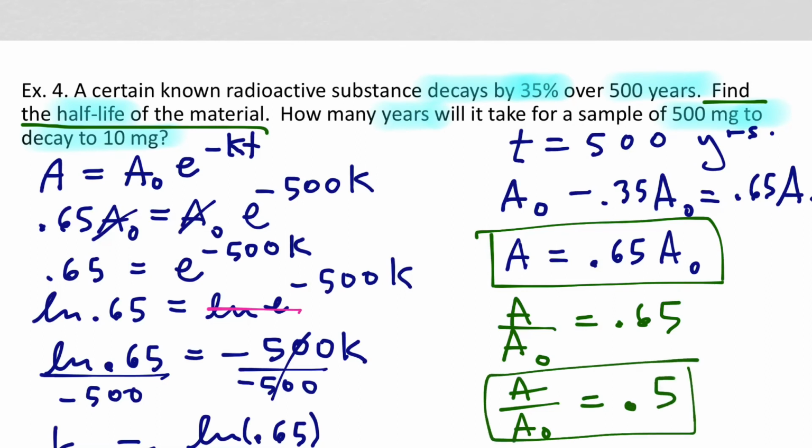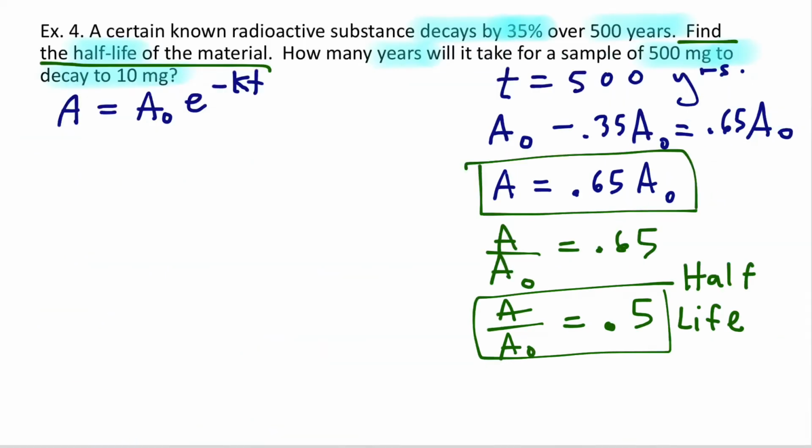So we'll have a 0.5 on the left-hand side of our equation. What I mean by that is if I divided both of these sides by A0 to put it in the necessary form, A over A0, then if we're trying to determine half-life, it is 0.5. So our equation is 0.5 is equal to e to the minus kt for half-life.